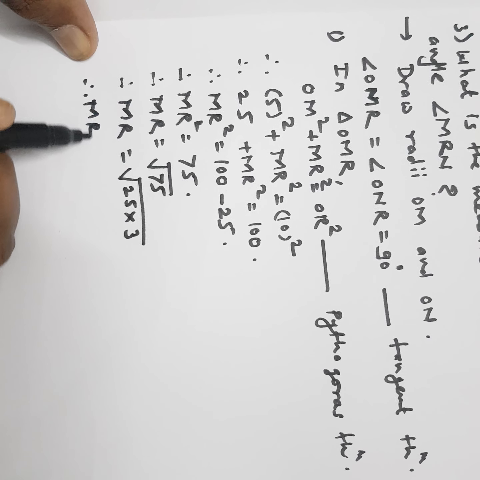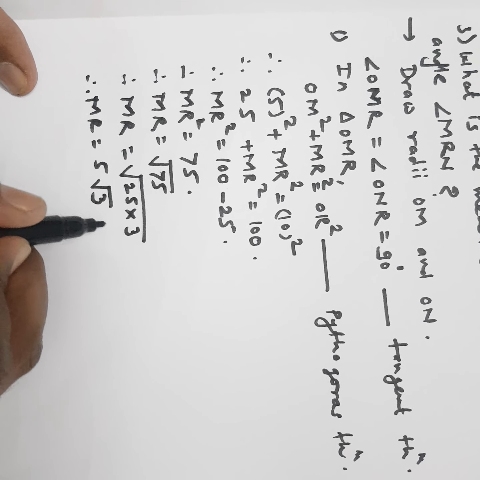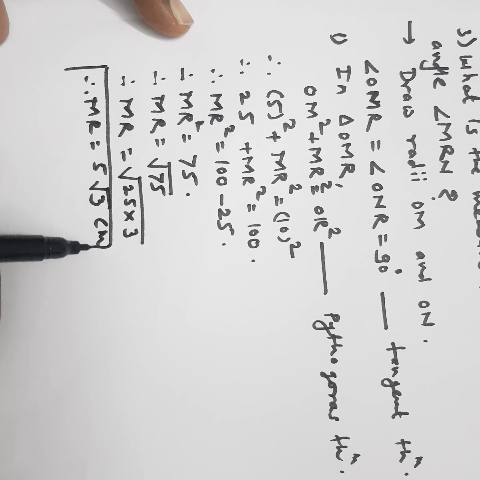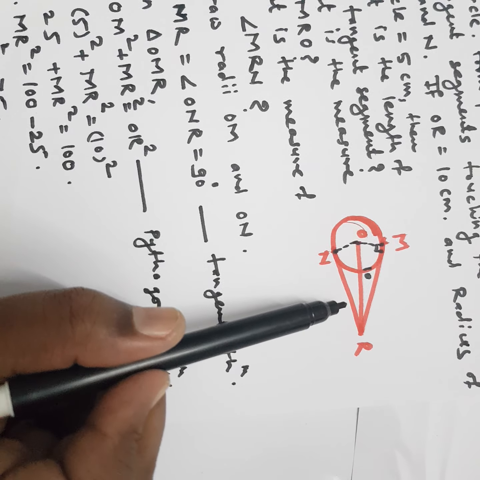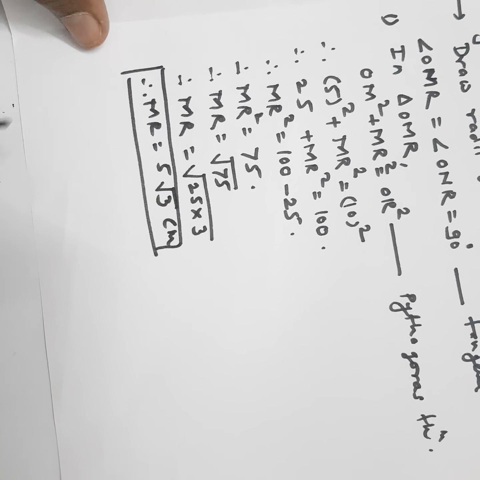Therefore, MR is equal to 5 root 3 centimeter. MR is the tangent segment. Also, RN or NR will also be 5 root 3 centimeter.